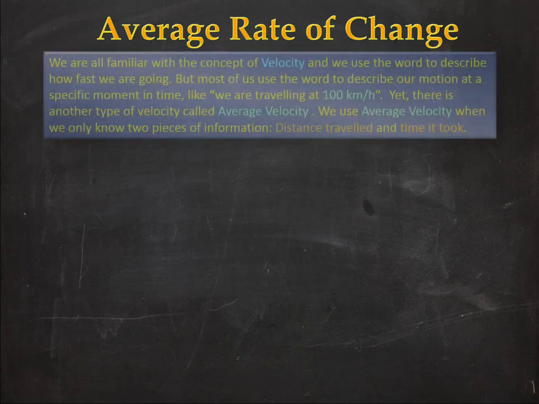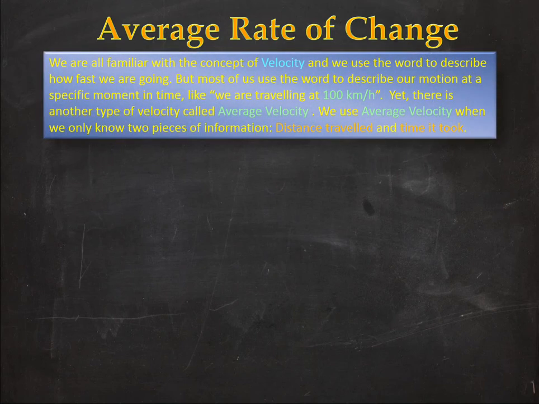Now, most of us are familiar with the concept of motion, and specifically if somebody says we are traveling at 100 kilometers an hour, what they really mean is at that moment they are actually traveling at 100 kilometers an hour. Yet there's another type of speed or another type of velocity called average velocity or average speed.